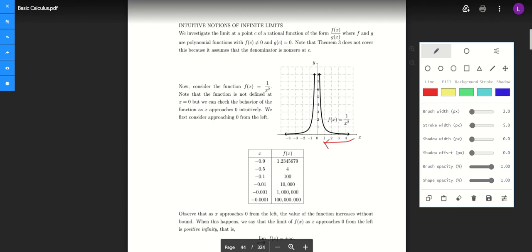And it will show you that it gets closer and closer to the y-axis itself, where x is 0. But the problem is it will never touch it. Okay, that's the reality, by the way. So in other words, we can just simply conclude that it goes to the positive infinity. So that's why the right-hand limit is positive infinity.